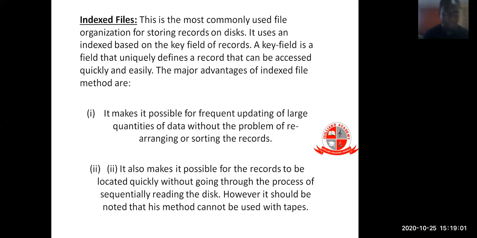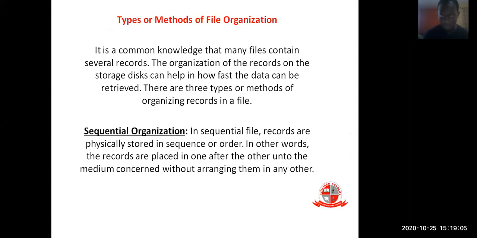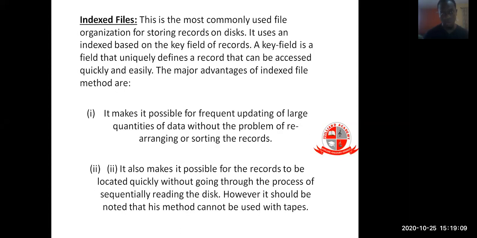So let's look at the other type, which is the indexed type of file organization, what we call index files. What does this mean? It means that there's a unique key that identifies each record. That unique key is what you use to access the records. Take, for instance, you as a student in Juliet Academy, you have your admission number.